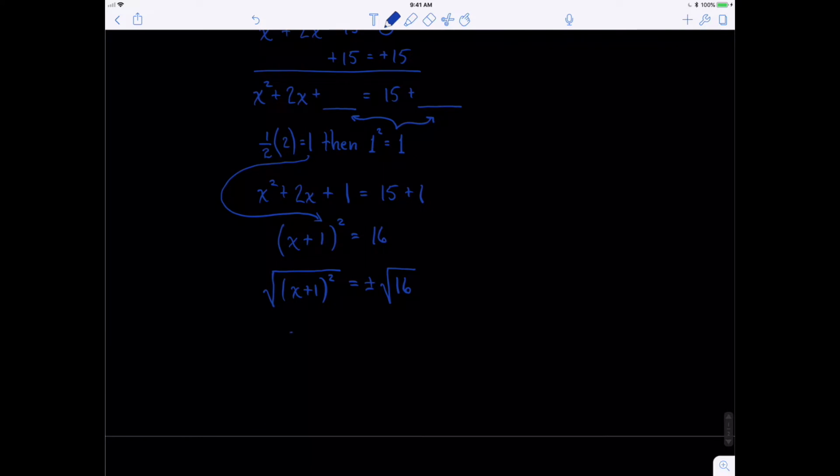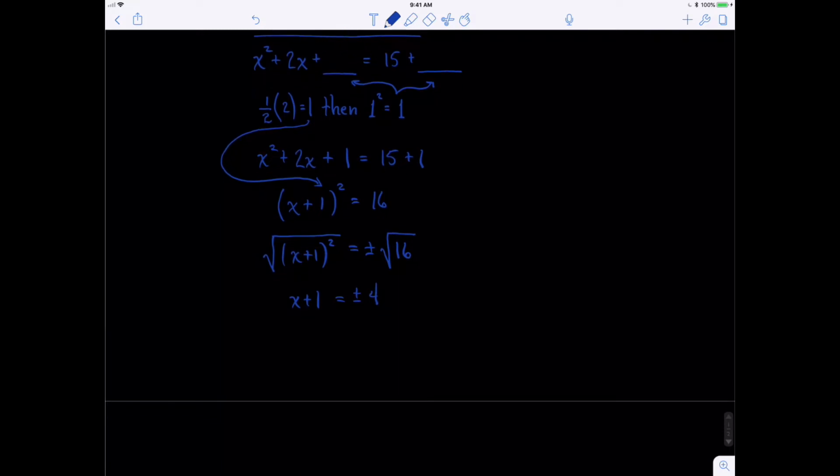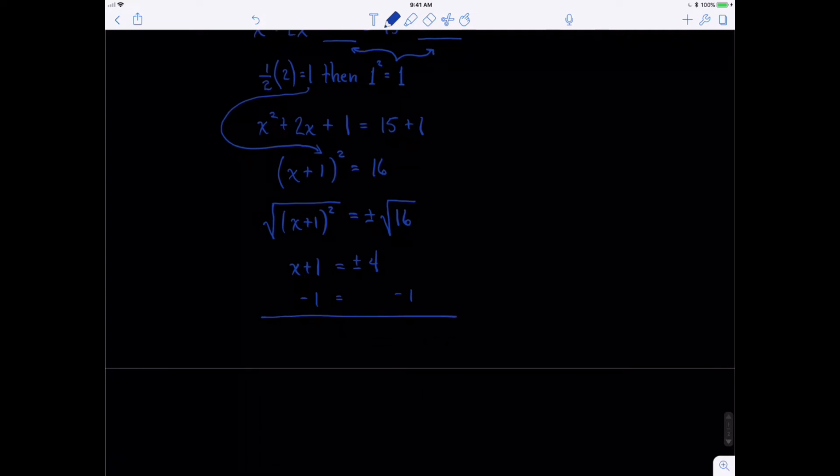So I have x plus 1 equals plus or minus 4. Subtract the 1 from both sides. So now we have x equals plus or minus 4 minus 1. So there's really two solutions here. One comes from plus 4 minus 1, and the other comes from minus 4 minus 1.